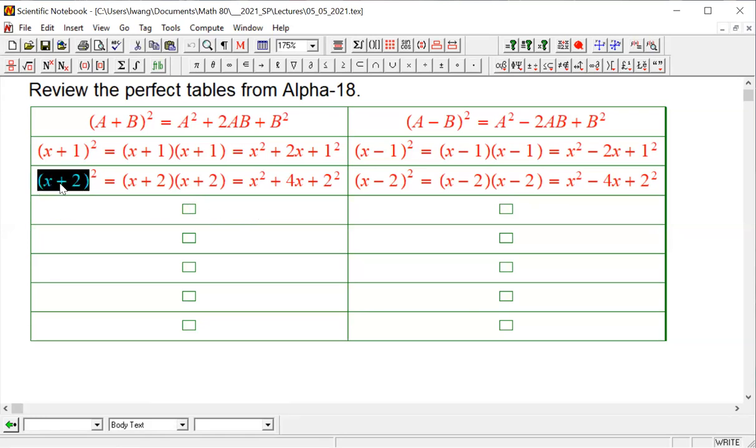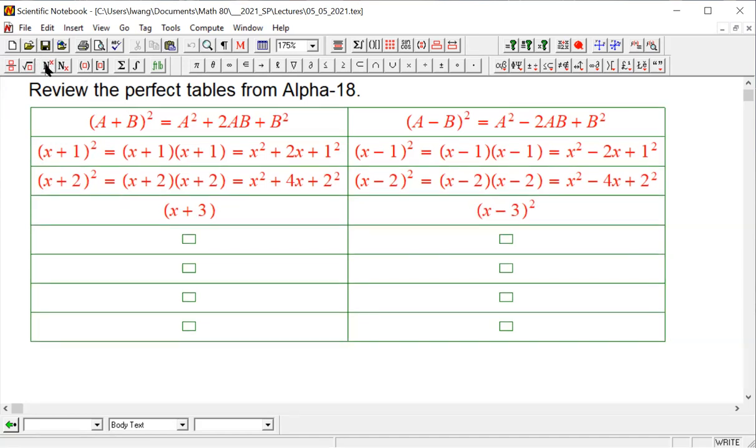I want you guys to do all of these: x plus 3 squared and x minus 3 squared. Let's work it out. Any submissions, anybody?